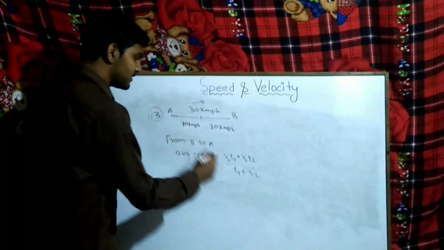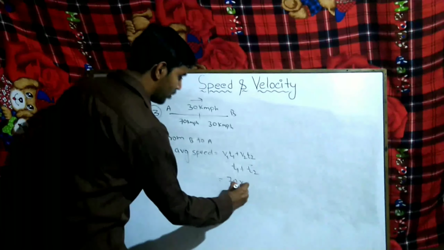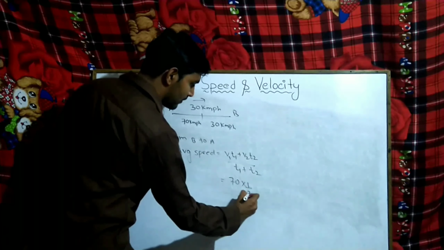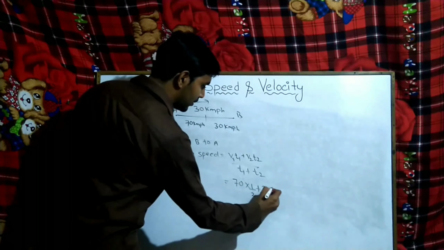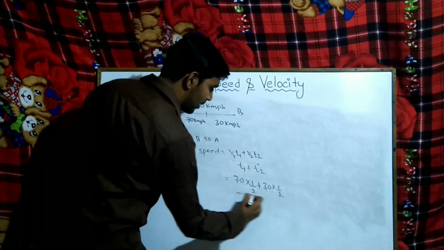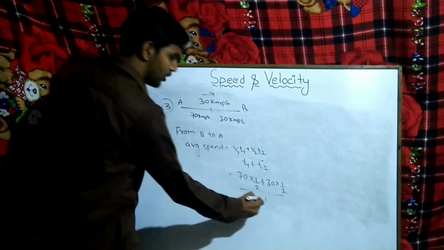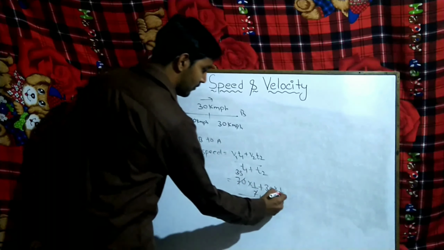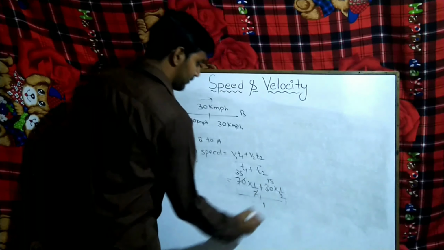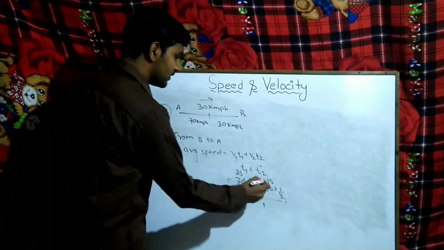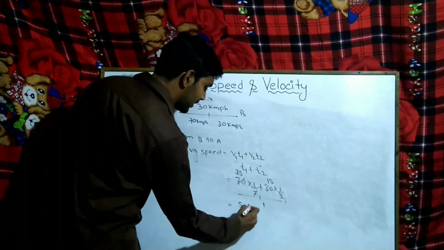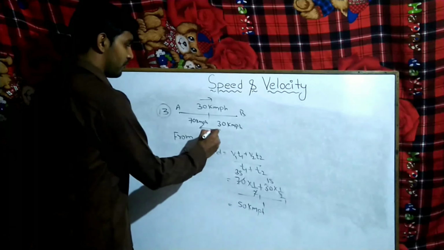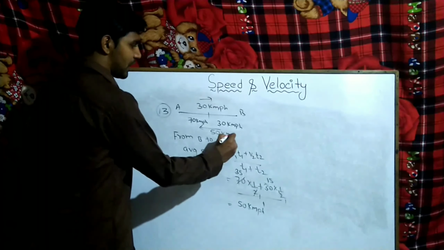Okay, so V1 how much? 70 into half plus 30 into half, and half plus half becomes 1. Okay, now 1 time 35 time, 1 time 15 time. So you get 50 km per hour.